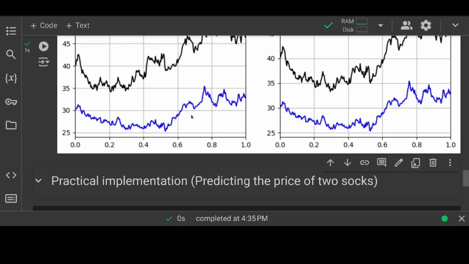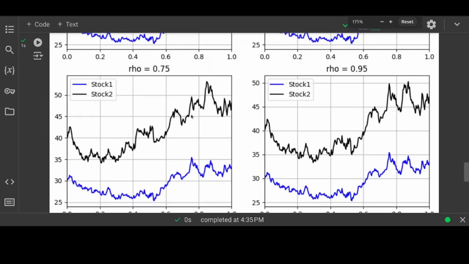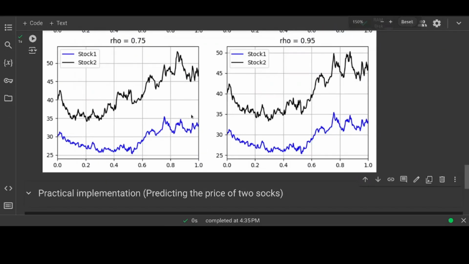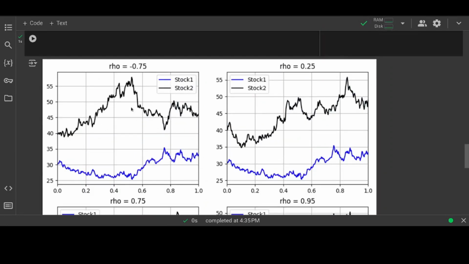So as you can see the result here, there are 4 different plots for different correlations. The first correlation is negative, and as you can see the price movements follow opposite directions.